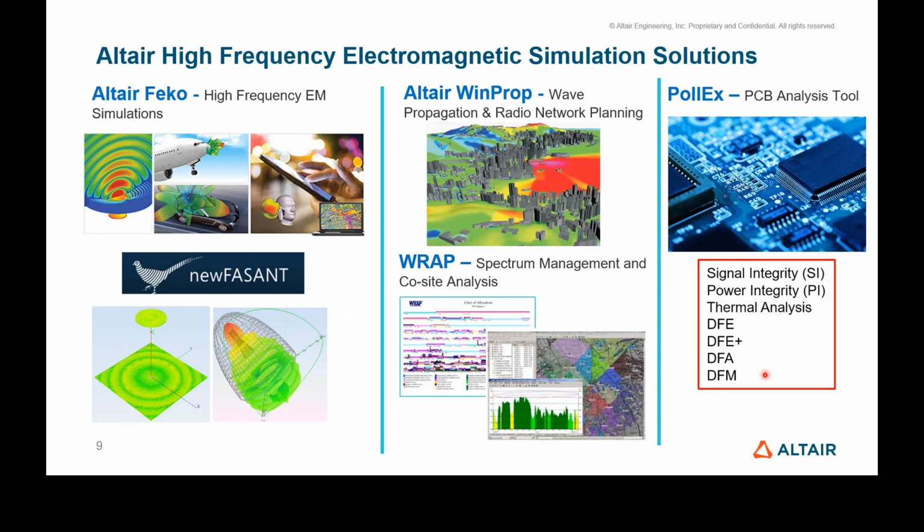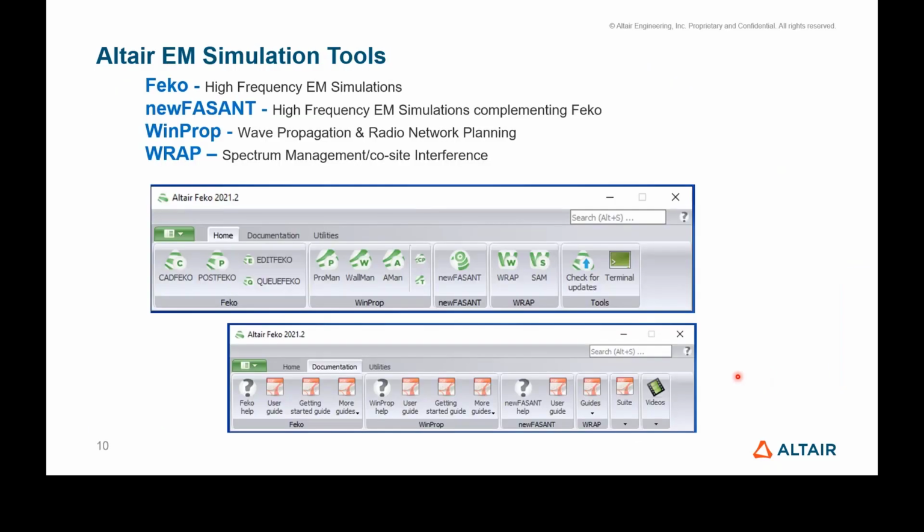Of course, some of you already know that with the Altair licensing system, you don't have to acquire these products separately. The units licensing system you have gives you access to all the products that we have using those units, and there is no distinction between one product versus other products as far as the licensing is concerned. Coming to the tools that we have, Feko, newFASANT, WinProp, and RAP, all of them are now available in one installation.